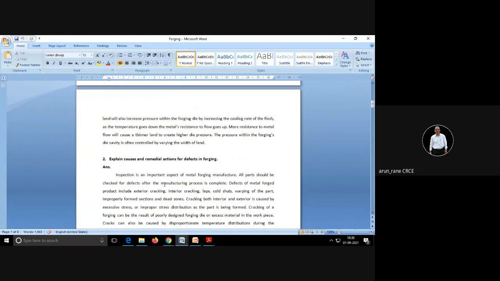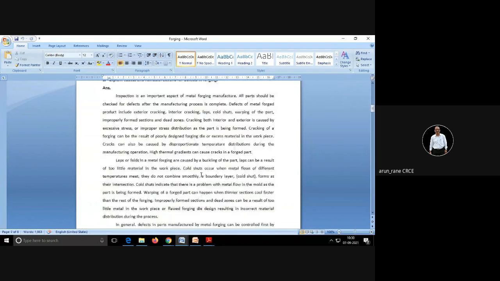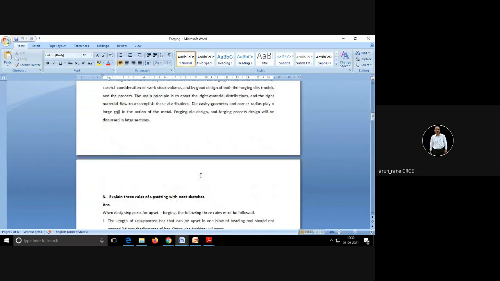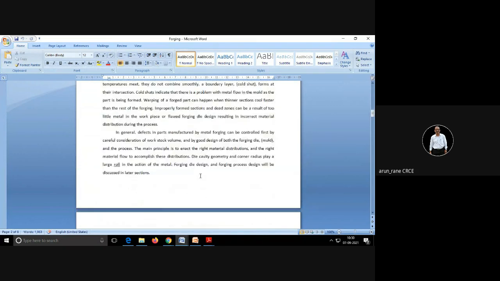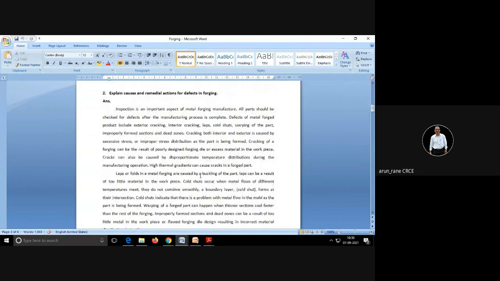Explain the causes and remedial actions for defects in forging. So what are the different defects and what are its causes? So more or less some defects are common in castings and forging, like you have warping of the part because of the temperature.